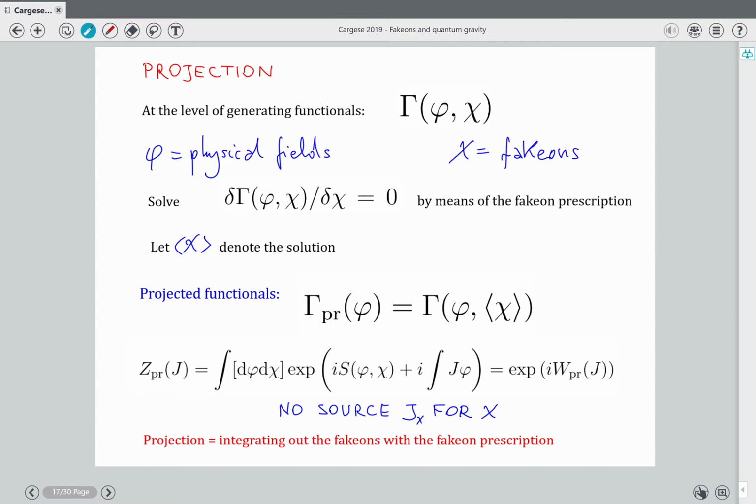And this I explained just because some people might be puzzled, have been puzzled in some past talks. It's very, very simple. It's like integrating the fakeons out. It's like putting no source, J, for the fake particles. So those particles will remain inside the Feynman diagrams without destroying the unitarity structure. That's the good thing. And they will not be asymptotic states.